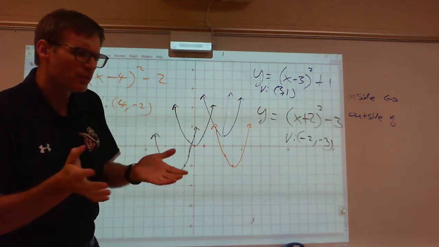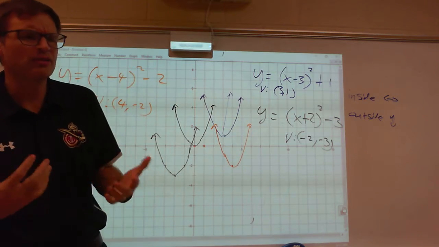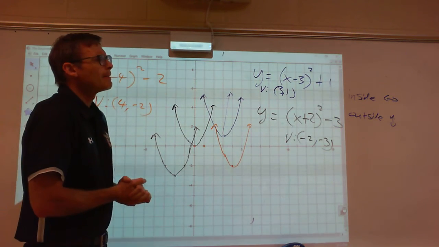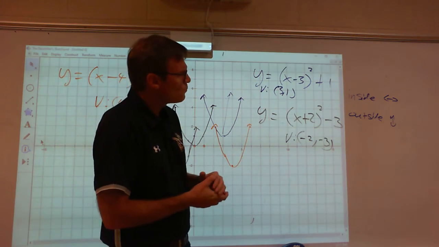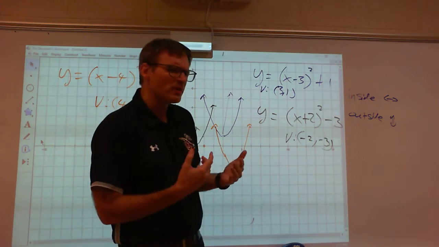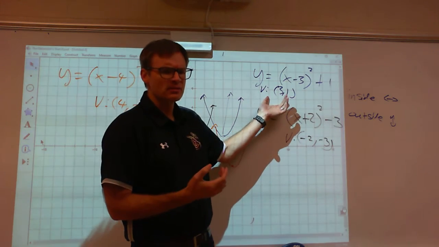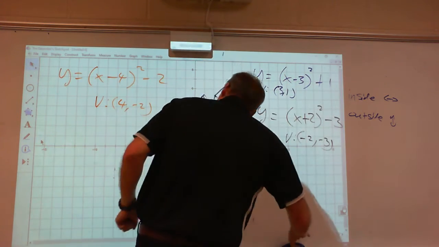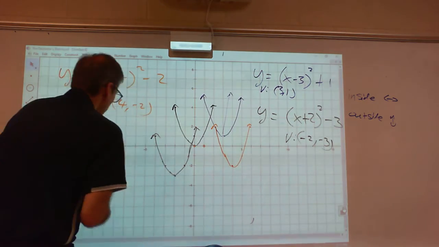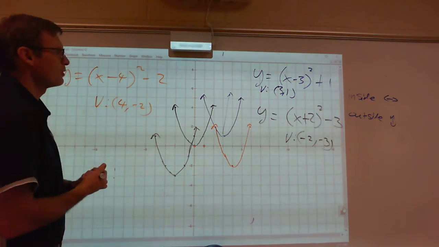Now, the reason that I tried to write the vertex under the equations is, would it be easy to pick out what the vertex is from here without graphing? Like, if I gave you a green function, we're not going to graph the green function.